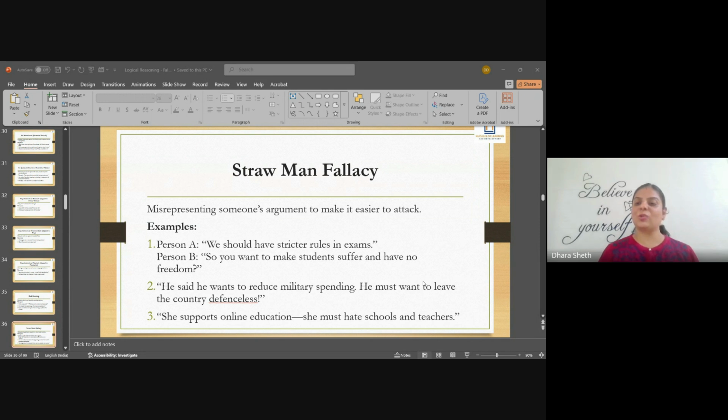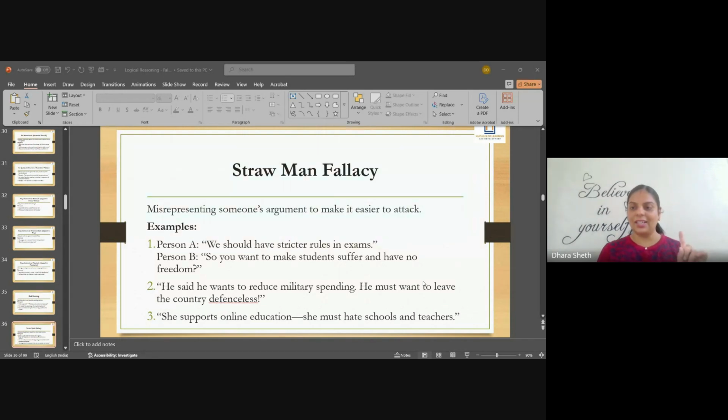She must hate schools and teachers. So now, because you are attending the class online here, it means you hate colleges which are offline. That is a kind of argument which is called straw man fallacy. You are misrepresenting the argument so that it becomes easier to attack, so that after that, you can easily attack the other person.